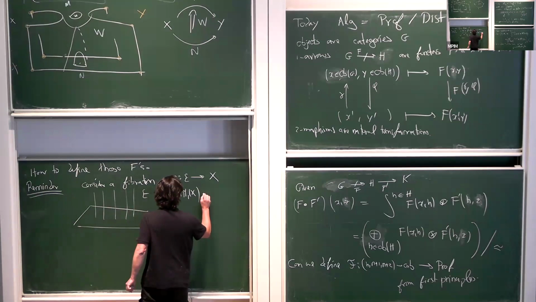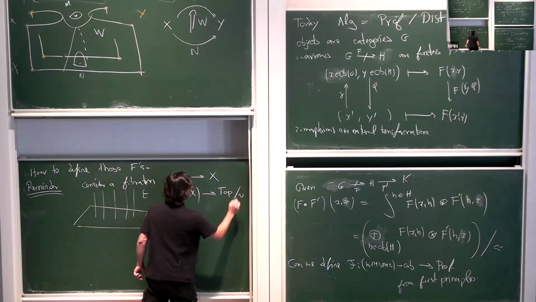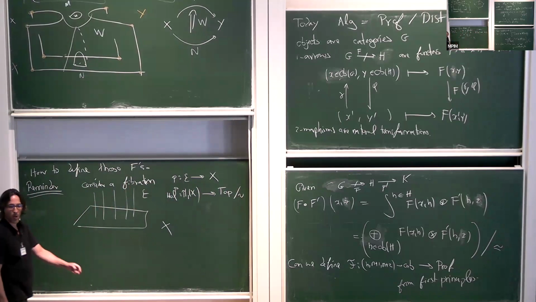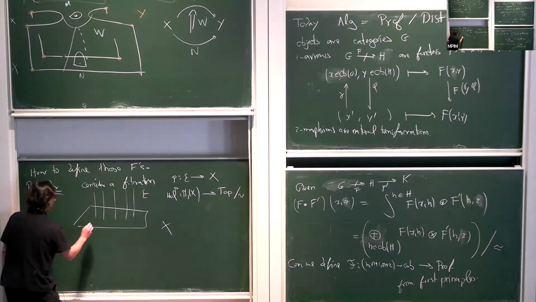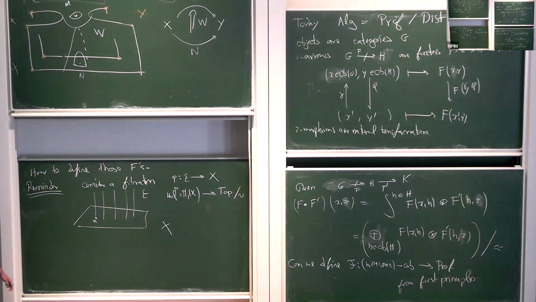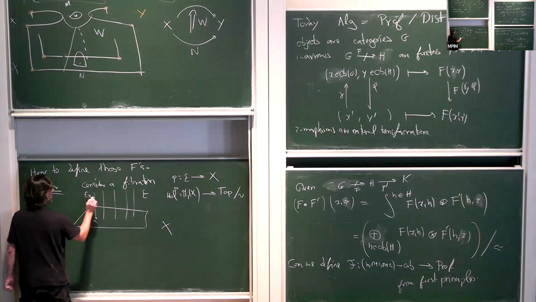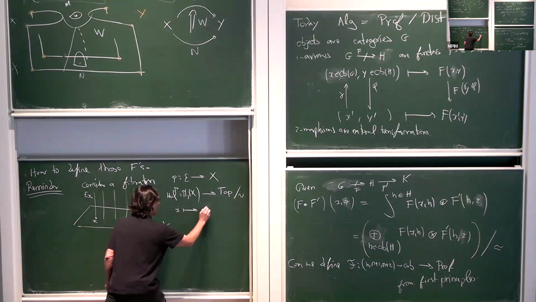And it runs in the category of topological spaces, not maps between topological spaces, but homotopy classes of maps between spaces. And the idea is that I send a point on the base to its fiber. So I send X to E_X.